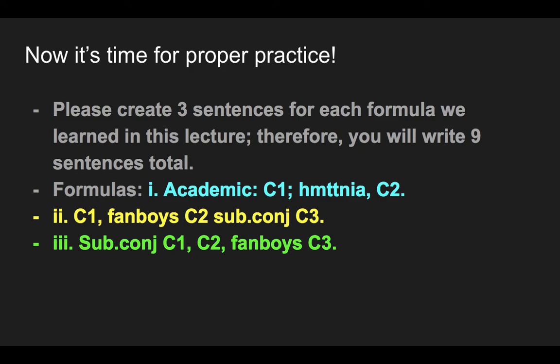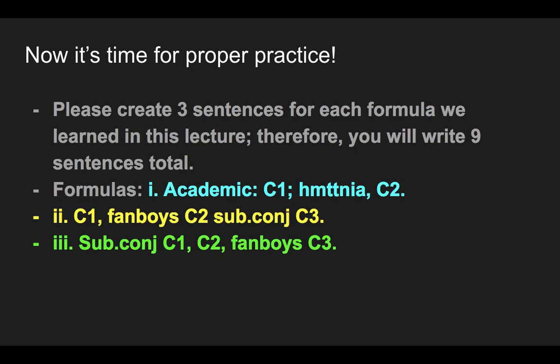Okay, so now it's time for you to practice using these types of sentence formulas. I would like you to write down 3 sentences for each of those new formulas. So you'll have to do 3 academic sentences, 3 using C1, FANBOY, C2, subordinating conjunction, C3, period, and 3 following the green formula here, which has the secondary or subordinate idea, and then moving into C2, then FANBOY, C3.